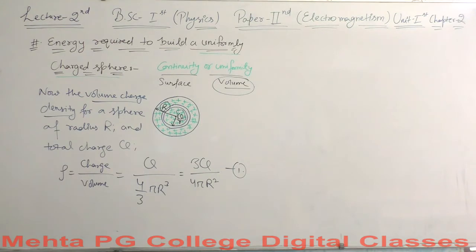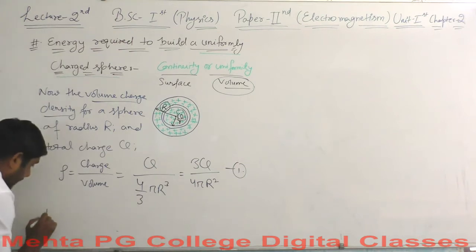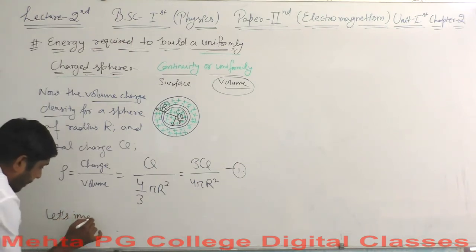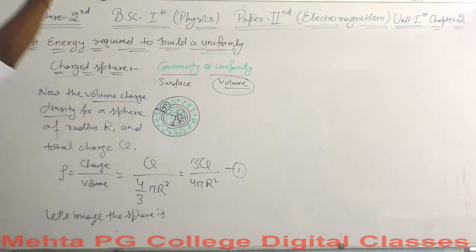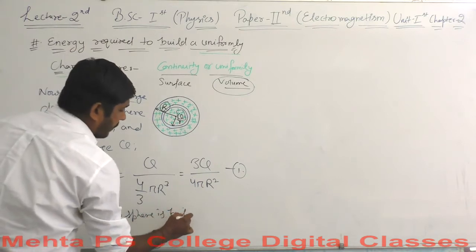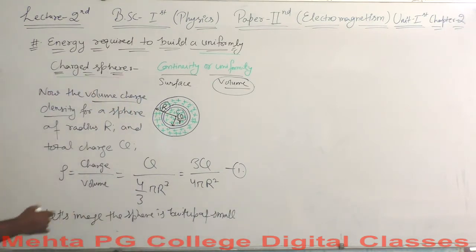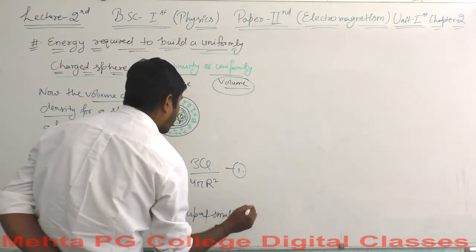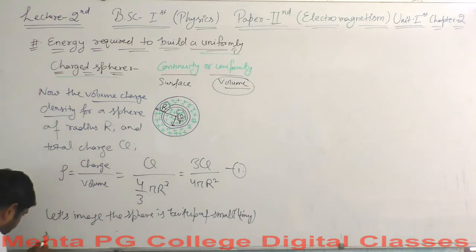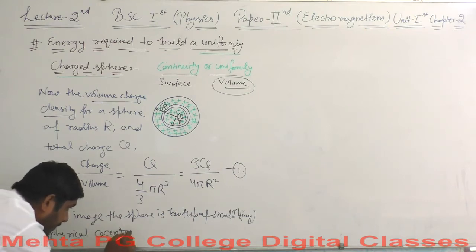Now to build a uniformly charged sphere, let's imagine the sphere is built up of small, or tiny, spherical concentric units.